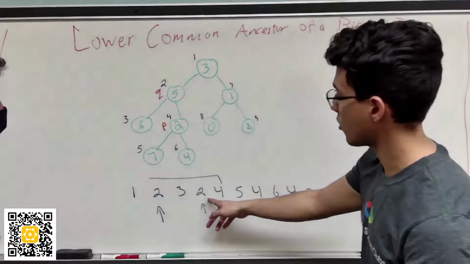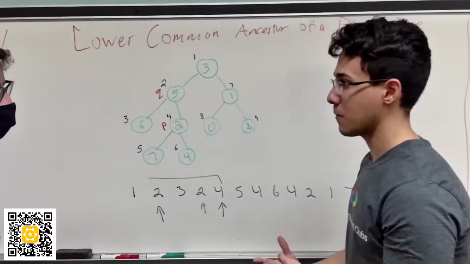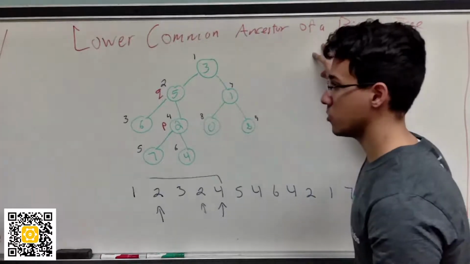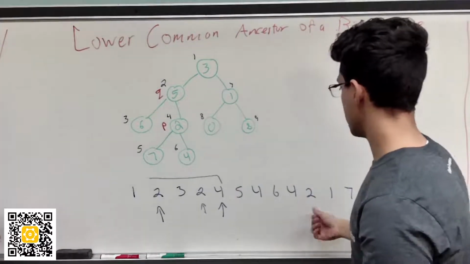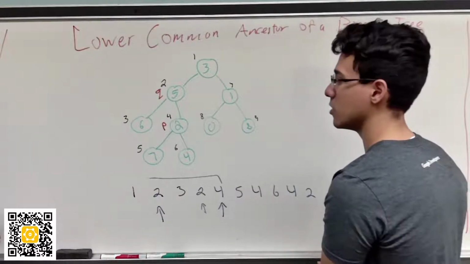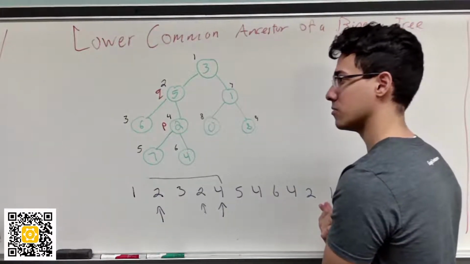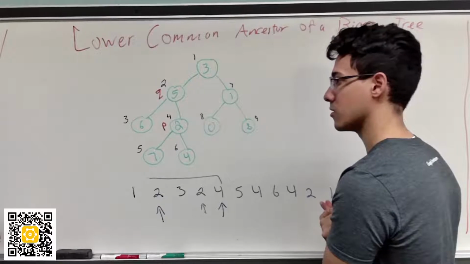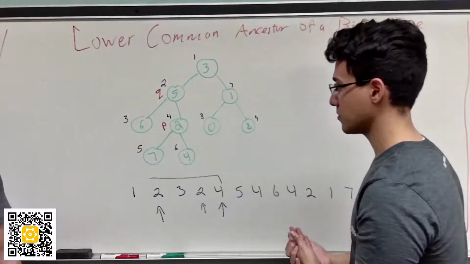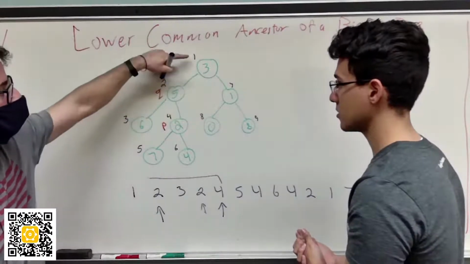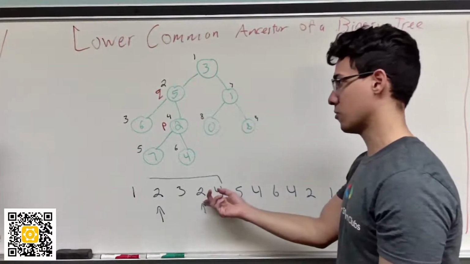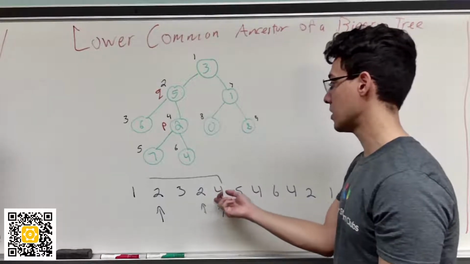Just return this. Okay, so it's a hash table. This is a hash table where the key is the node, and the value is the sequence, the time step at which we saw them.